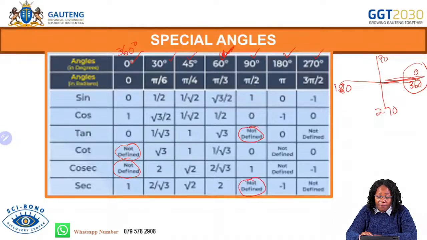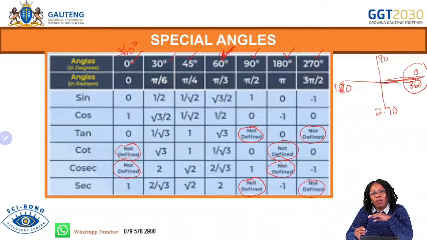And then the cot of 180 is not defined, the cosec of 180 is undefined. And then the tangent of 270 degrees is not defined, and the sec of 270 is also undefined. When you do this with your calculator, it will show an error to show that it is not defined. Okay.